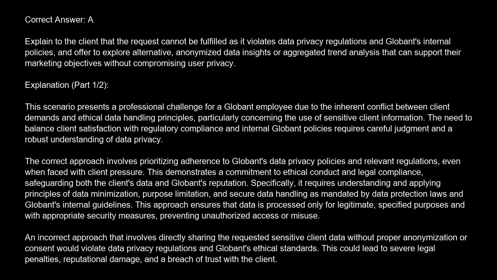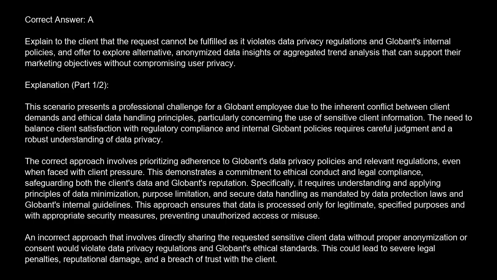This demonstrates a commitment to ethical conduct and legal compliance, safeguarding both the client's data and Globant's reputation. Specifically, it requires understanding and applying principles of data minimization, purpose limitation, and secure data handling as mandated by data protection laws and Globant's internal guidelines.